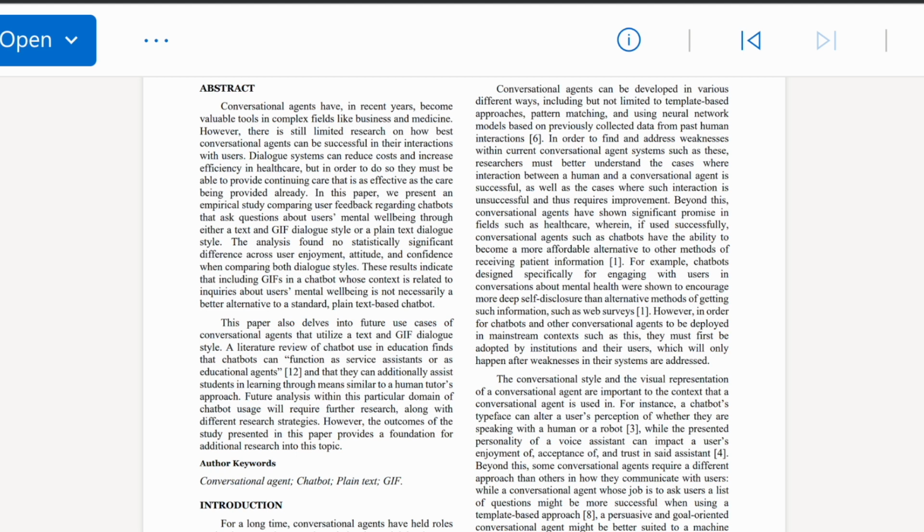And she goes on to state very directly, in this paper, we present an empirical study comparing user feedback regarding chat bots that ask questions about users' mental well-being through either a text and GIF dialogue style or a plain text dialogue style. So they're collecting information about how folks prefer to interact with these artificial systems.